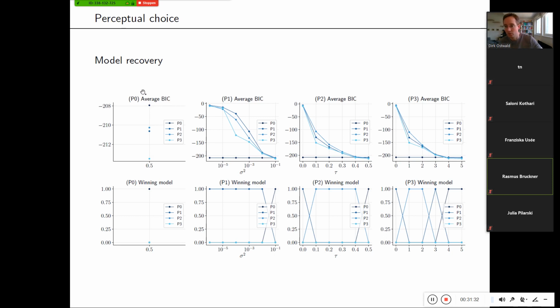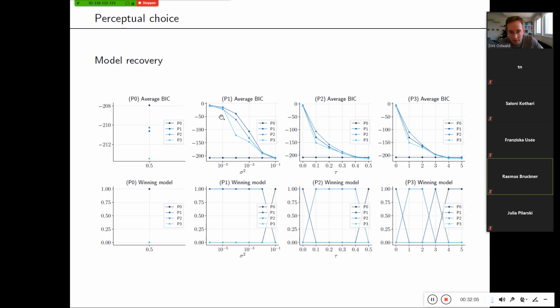So again, model recovery, here we're looking at the BIC values, and the winning model is just the one with the highest BIC. So here this is data generated from model P0, and the highest BIC is taken on by model P0 and lower BICs by the other ones. So P0 is the winning model, so we can identify the P0 model, which is something.